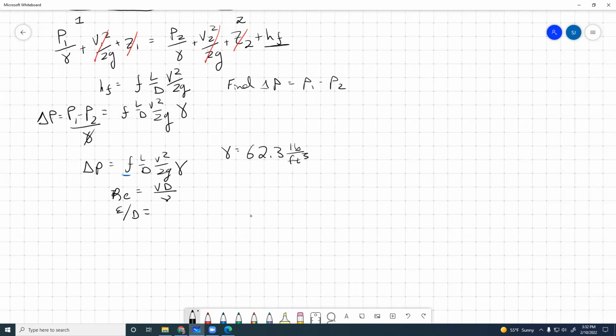So part of this is solving for velocity. So let's go ahead and do that. So velocity is equal to Q over A, which is equal to 4Q over pi D squared.